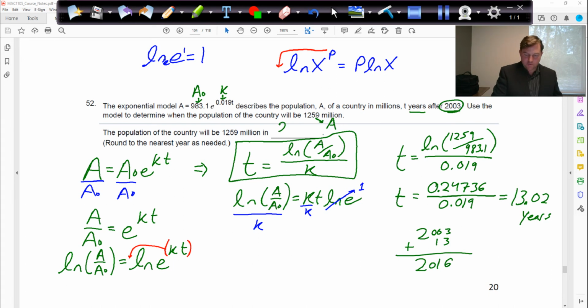And that's going to be the final answer. So if our population is growing at about 1.9%, we start at 983 million. In about 13 years, 2016 will have 1,259 million people in the country. So that's how we would do that.